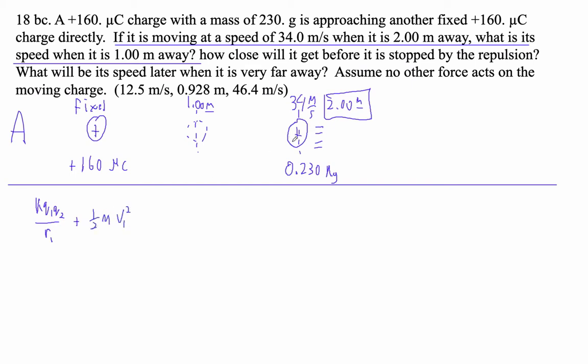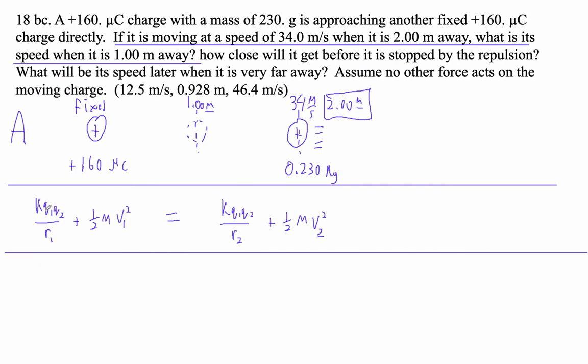And it's just this thing's velocity. This guy can't move, right? And then afterwards, we're going to have K Q1 Q2 over R2 plus 1/2 m v2 squared, a different velocity, right? Okay. So we're going to have potential and kinetic. It's 2 meters away, and it's moving 34, right? And then we're going to have potential and kinetic, and it's going to be moving at a different velocity, and we're solving for that different velocity.